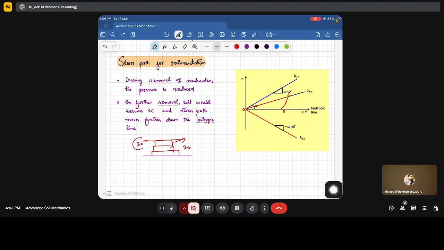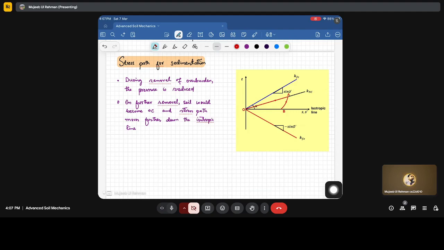So 20 is the stress it has at present, and 30 is what it has experienced in the past. So it will be in the OC state, and the stress path will further move down to the isotropic line as the removal of overburden pressure continues. This will further reduce to the isotropic level or isotropic line.